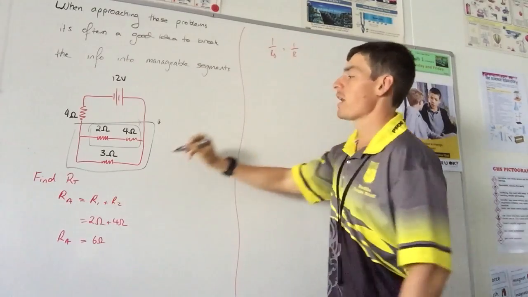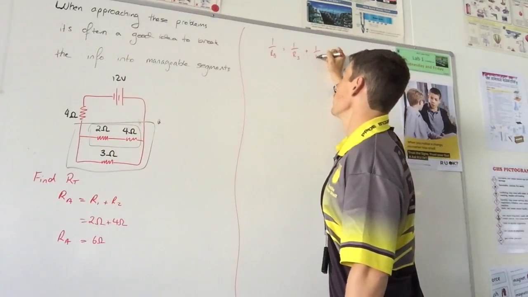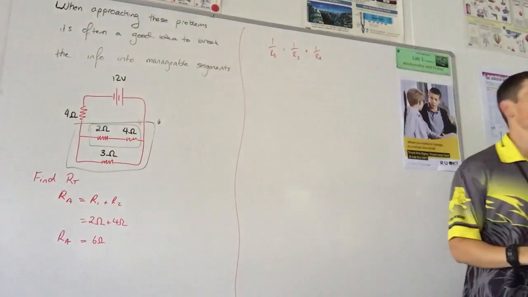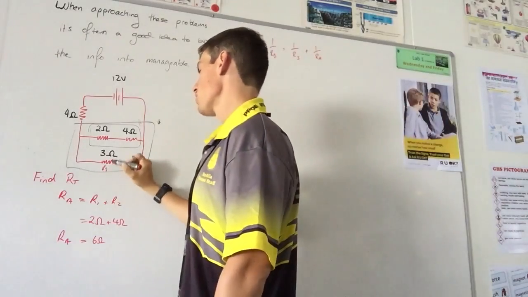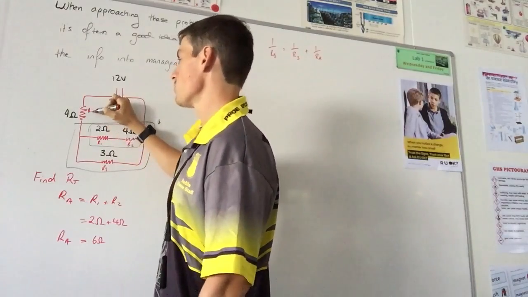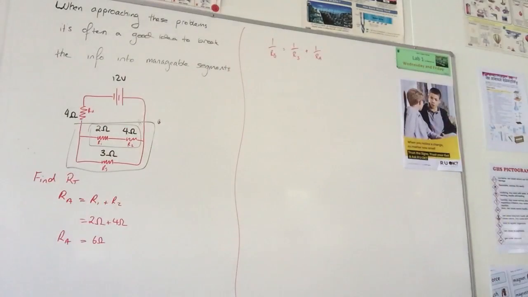Well, why don't we call that R3, plus 1 over RA. I see why you said 6 though. I'm just going to call this resistor here resistor 3, that's resistor 1, that's resistor 2, and this will be resistor 4. Just so that when I'm putting them in my equations, I know which one I'm talking about.